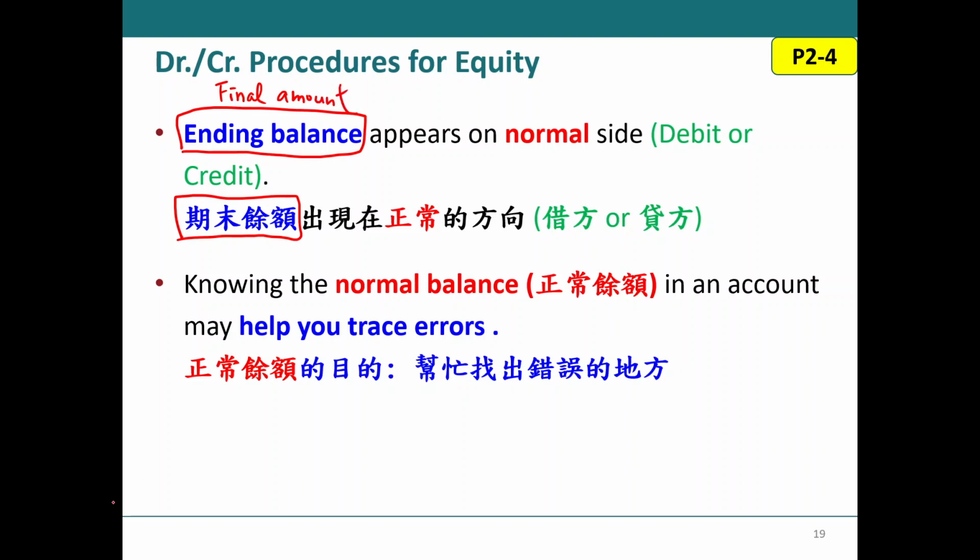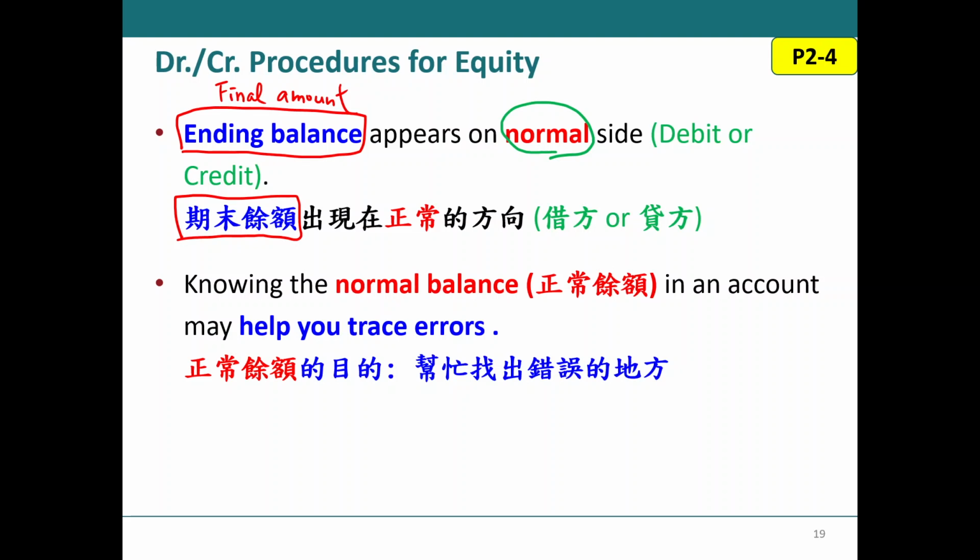We want to note whether it's normal or abnormal. So we want to know is it normal or abnormal. So it should appear on the normal side.